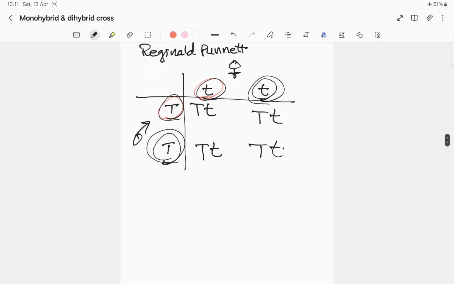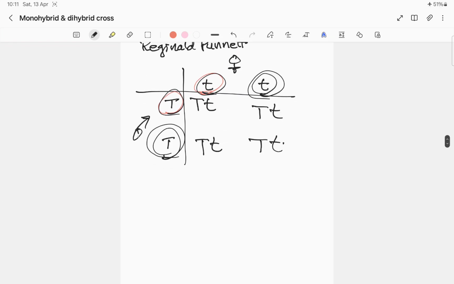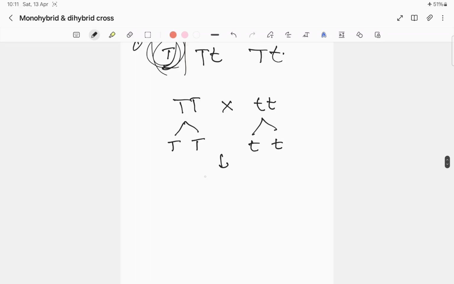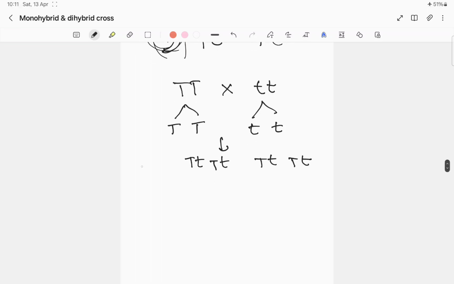Right? The same thing we are now doing in the normal method. Now we are taking this male parent capital T crossed with this female parent small t, right? The gametes from this capital T will be capital T, and here the gametes will be small t. So the F1 will be capital T small t, capital T small t, capital T small t, capital T small t.